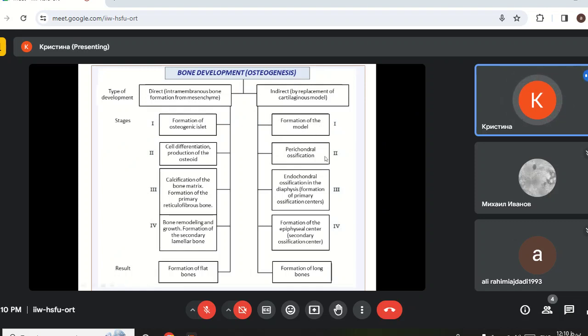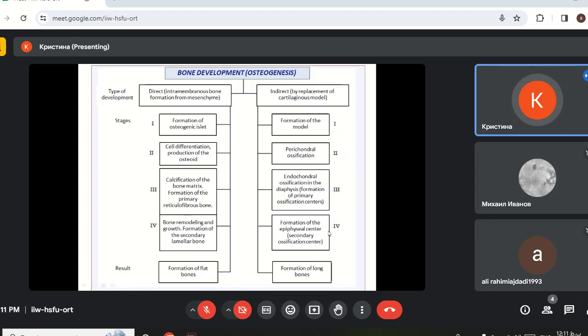The second step is the perichondral ossification, the formation of the bone which covers the cartilage tissue in the diaphysis of the future bone. Stage 3 is the endochondral ossification in the diaphysis, formation of the primary ossification centers, and step 4 is the formation of the secondary ossification center in the epiphysis.